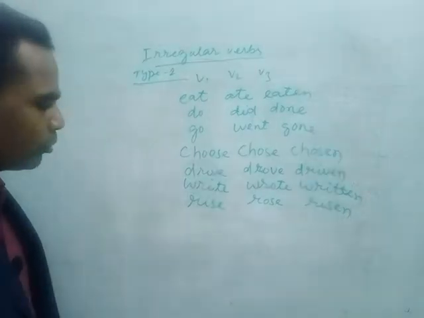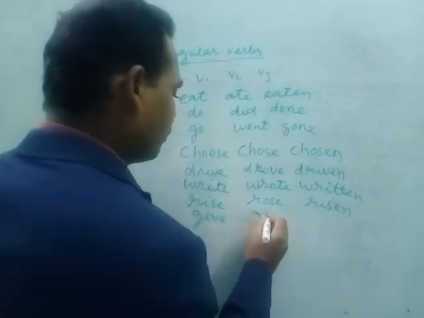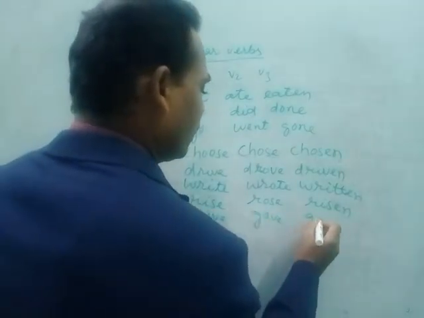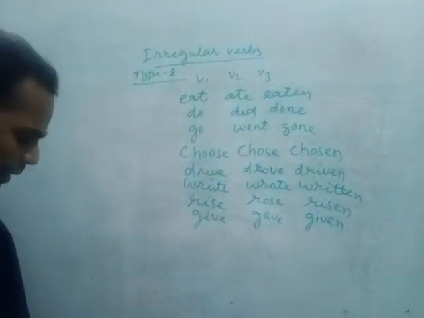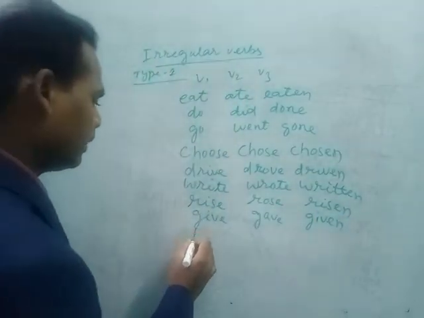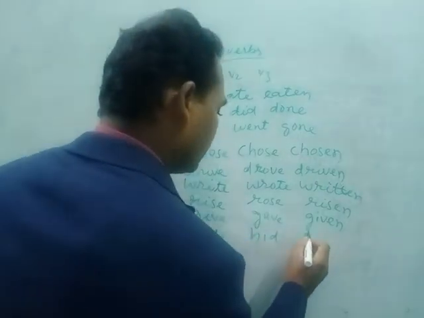There are some, suppose give, gave, given. There are many verbs like this. Hide, hid, hidden.